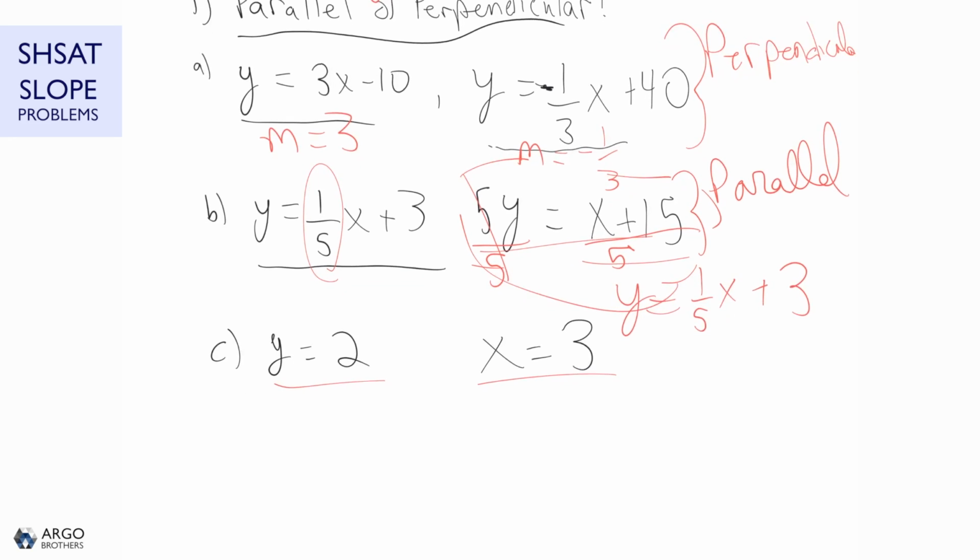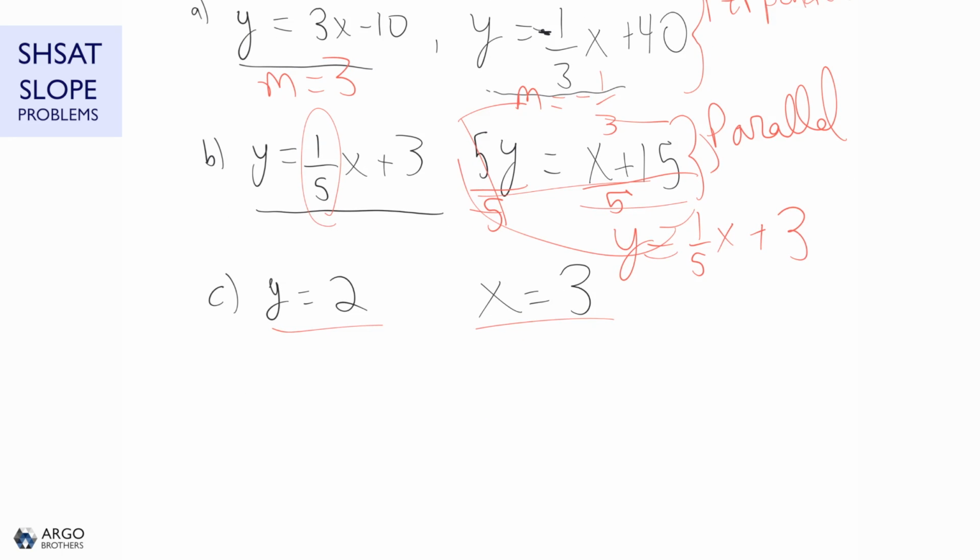Now for the last one, we have y equals 2 and x equals 3. For this one, you're not really going to use a y equals mx plus b method. You just need to realize that if you ever have a line where the equation is just y equals a constant or x equals a constant, that means it's going to be parallel to the y-axis or parallel to the x-axis. So what do I mean? Let's check y equals 2.